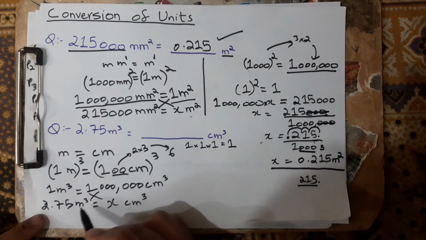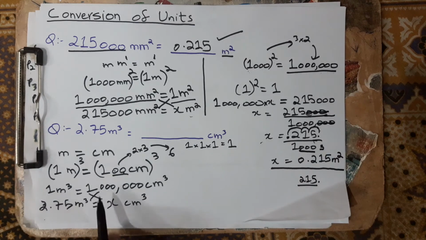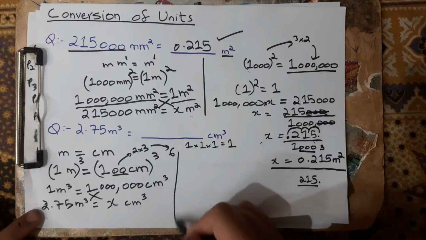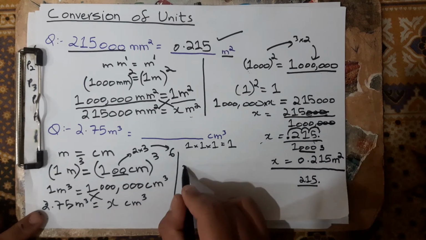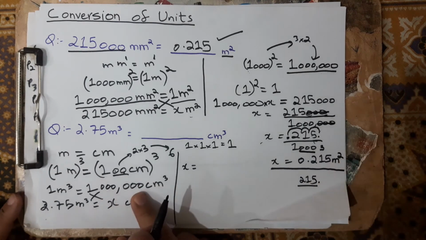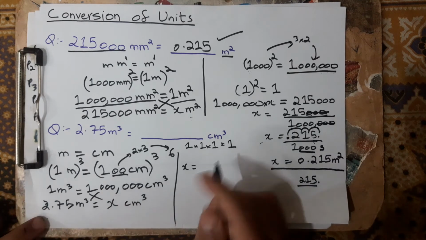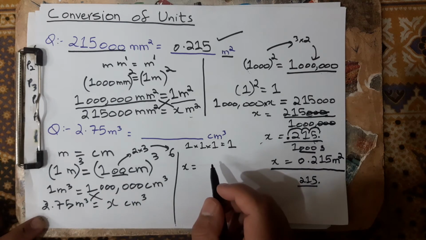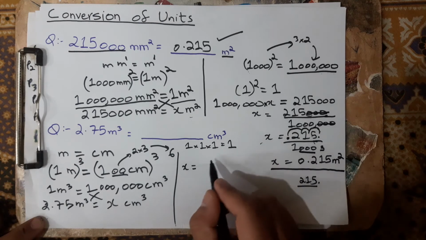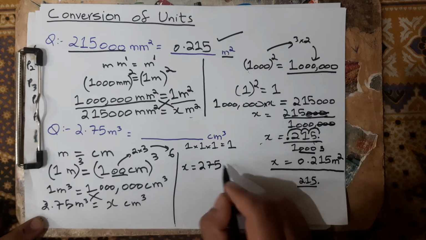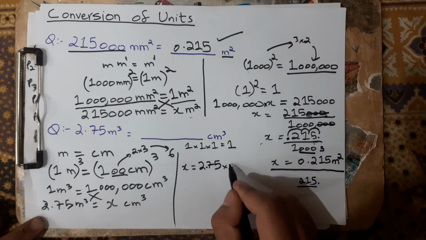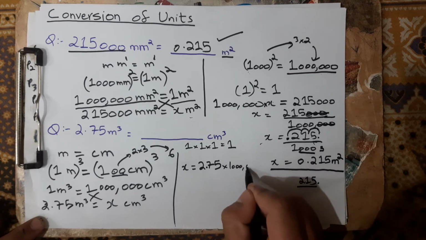So now if we apply the unitary method and cross multiply these values, we will get 1 multiplied by x, which is x, and 1 million multiplied with 2.75, so x is equal to 2.75 multiplied by 1 million.